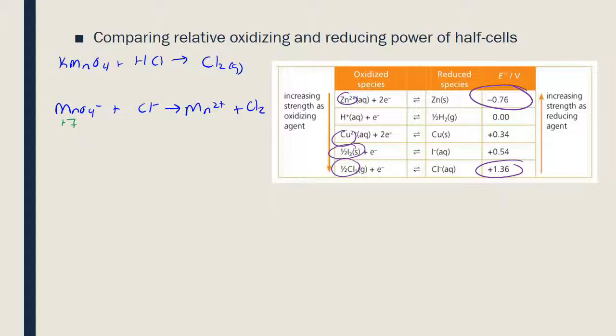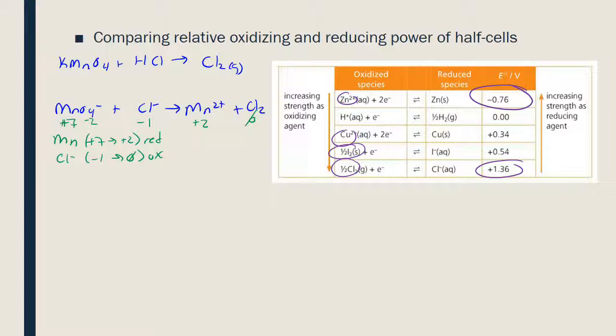So manganese is going to have a positive 7 because oxygen is -2. Chlorine ions -1. Manganese ions positive 2. Chlorine is 0. So manganese goes from +7 to a +2. So it's being reduced. Chlorine ion is going from -1 to 0. So it's being oxidized.